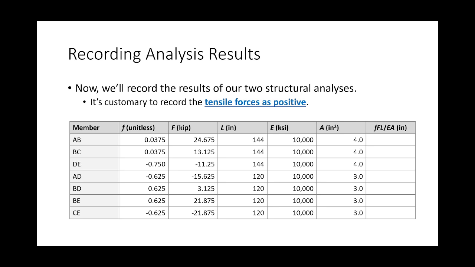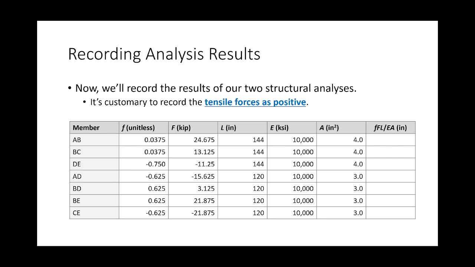If you're using compression positive here, you've got to use compression positive there. Because ultimately, take member AB. If this is in tension and this is in tension, bless you, because both of the members are experiencing the same type of load, they're both in tension, when you compute this, it will come out positive. And that's why you have to be consistent with your sign convention.